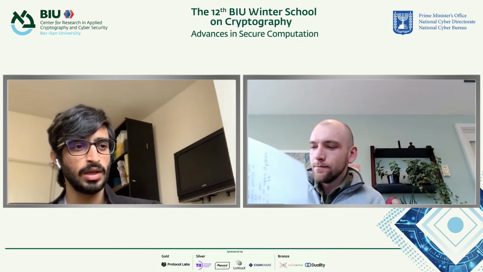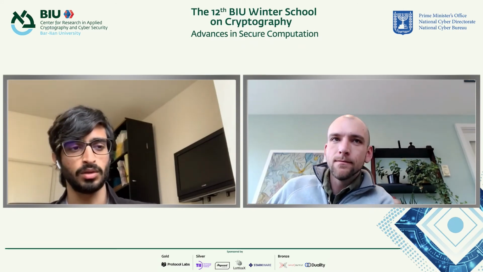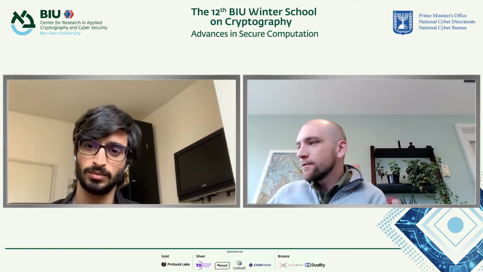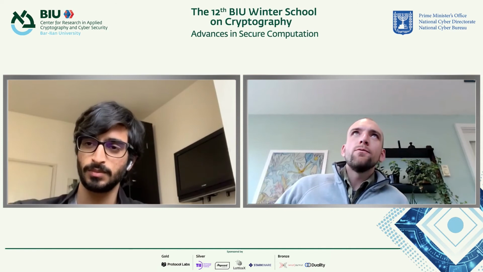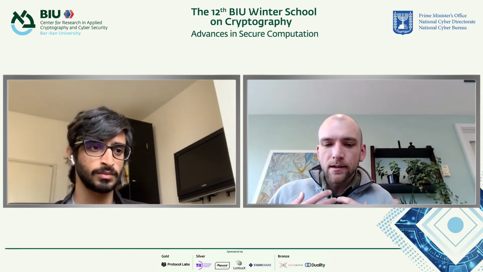There's one question. Can this be seen as a dealer-aided MPC between verifiers where the prover is acting as the dealer? Yeah, this is a great question. So if you've seen MPC protocols, you might think of a dealer as giving some inputs to the verifiers, and the verifiers are computing on the stuff from the dealer.